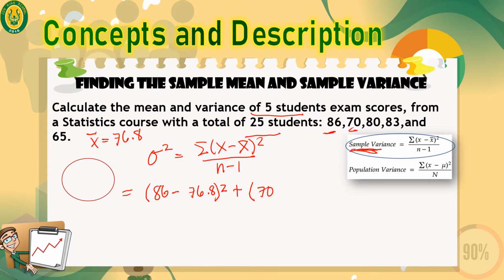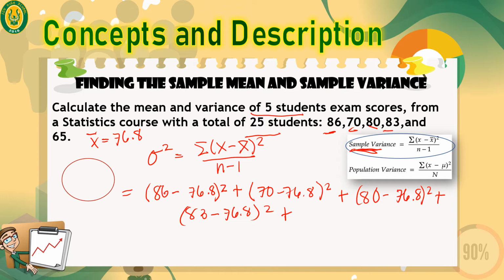So 70 minus 76.8 squared plus, next score, 80. 80 minus 76.8 squared plus, next score, 83. 83 minus 76.8 squared plus the last score, which is 65. So 65 minus 76.8 squared divided by n minus 1.